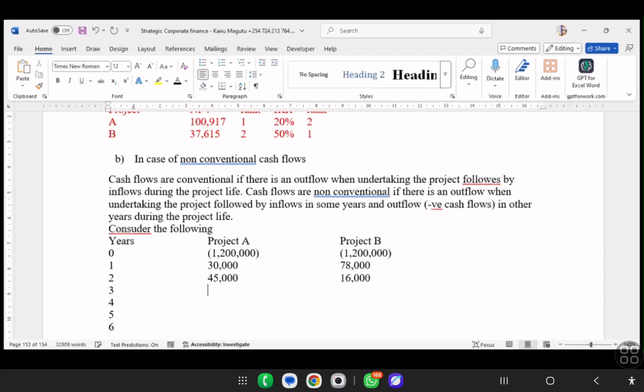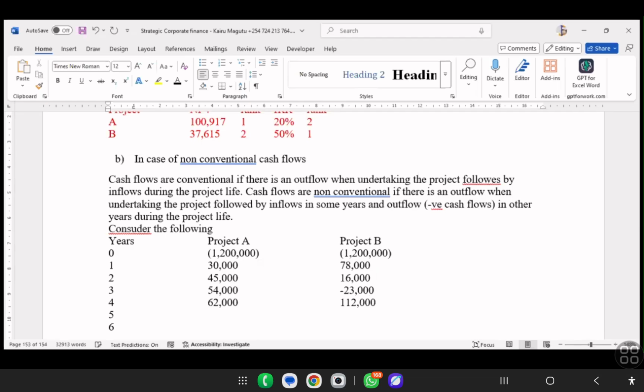Year three, this one generate 54, or this one generate negative 23. In year four, this one generate 62, or this one generate something like 112.